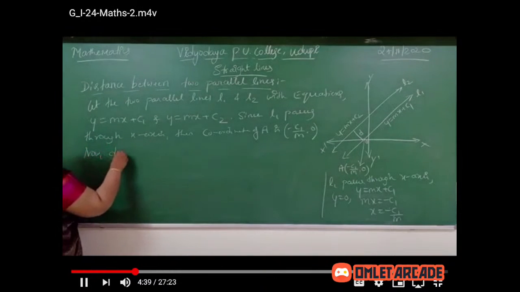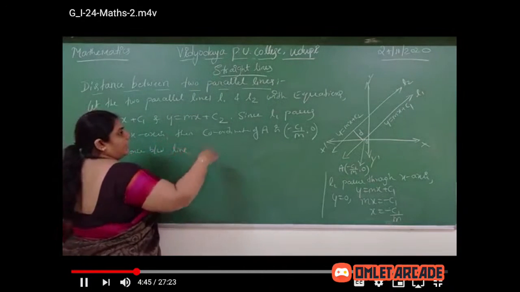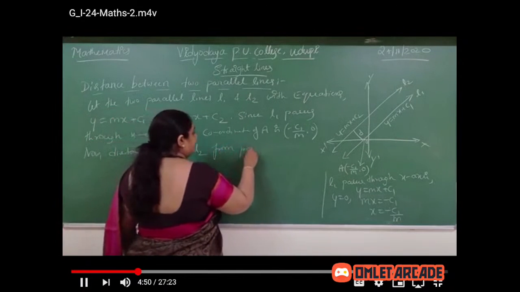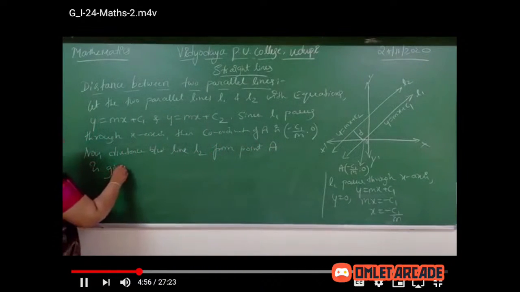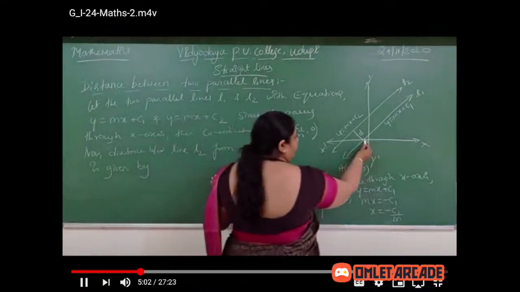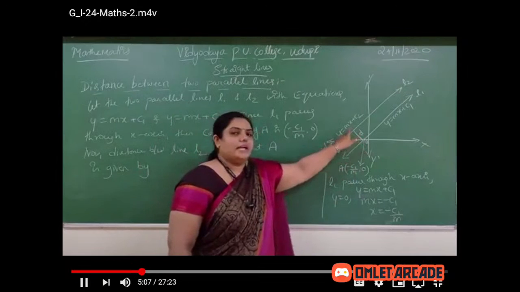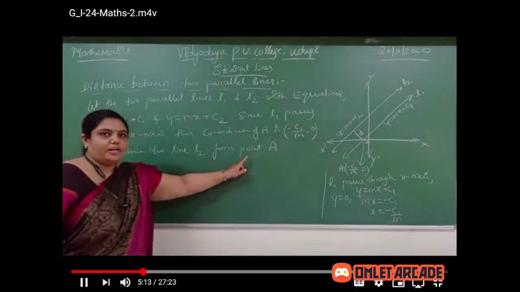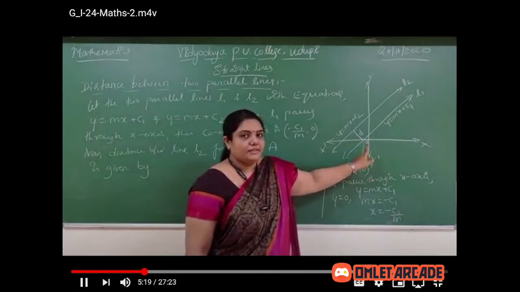Now, the distance between line L2 and point A is given by, see, I am finding the distance between point A and the line L2. If you find the distance between point A and L2, it is nothing but finding the distance between two parallel lines. So I have taken one point on L1 and the line L2. Did you get now why I considered one of the points on L1 here?